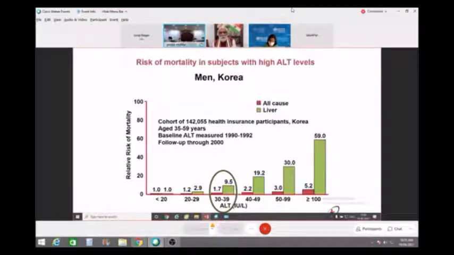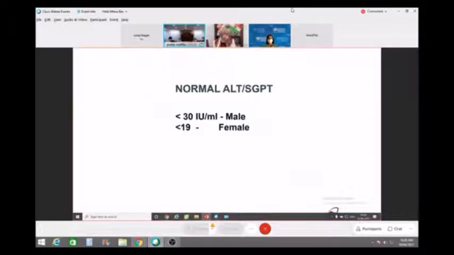So this is the basis that most countries in the world have made the SGPT upper limit 19 for female and 30 for male. India still has 40. This is the limit that the US is following, less than 30 and less than 19. And if you want to live 100 years, the best thing is to have your SGPT around 10.